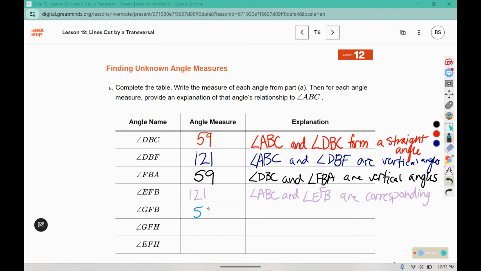GFB was 59 degrees, and that was because angle DBC and angle GFB are corresponding.